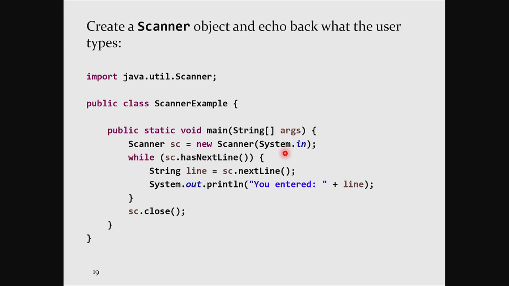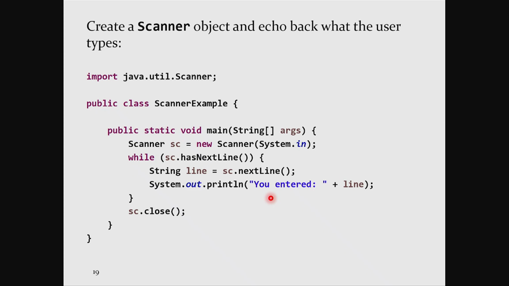It turns out that hasNextLine always returns true if you hook it up to the keyboard, so this is just going to sit forever waiting for you to type something in. nextLine gives you the line of text that the user last entered, when they typed it in and pressed enter. And here I'm just going to echo back the line to the caller.